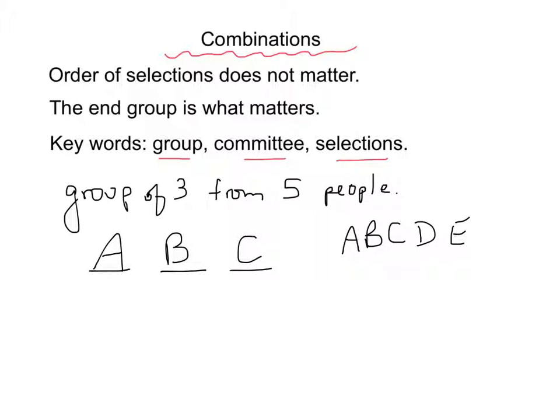No, wait a minute. I don't really want that. What I want instead is C, B, and A. Well, Claire, Bob, and Abigail are saying, wait a minute, it's the same group. You didn't change anything. Just because I chose them in a different order doesn't change the actual group itself.